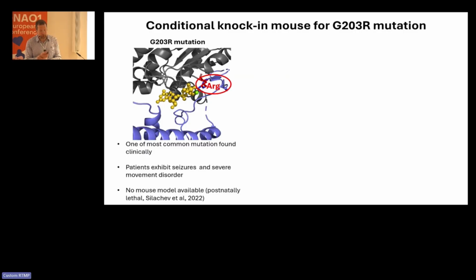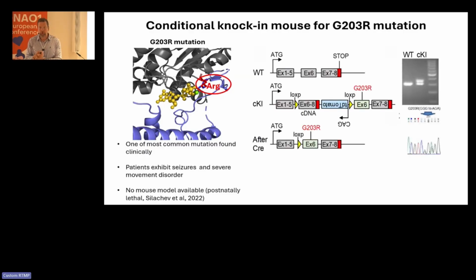No mouse models have been available, and actually Vladimir's group showed that if you just try to model G203R congenitally, it results in postnatal lethality of the animal. So we clearly needed to be a bit more creative in designing this model, and hence comes our attempt to make a conditional knock-in mouse model with the G203R mutation.